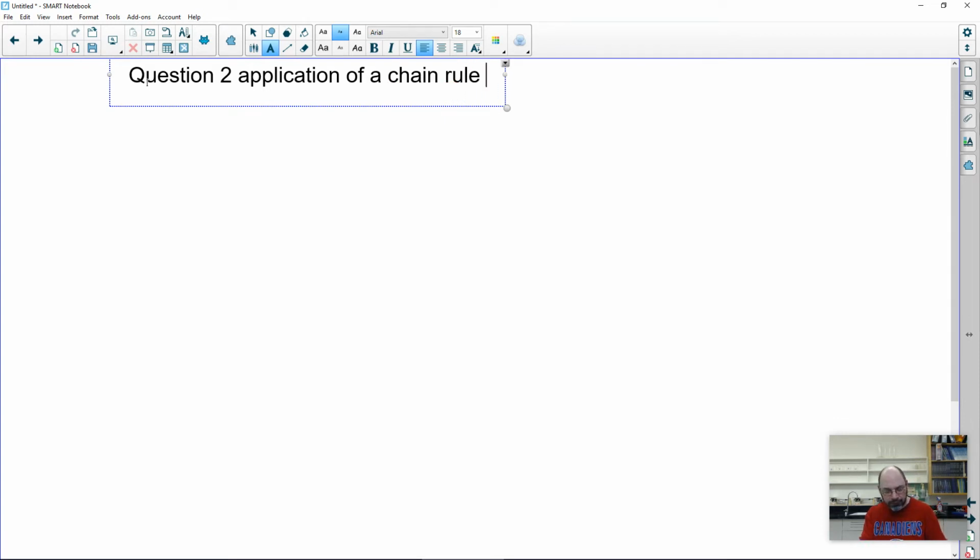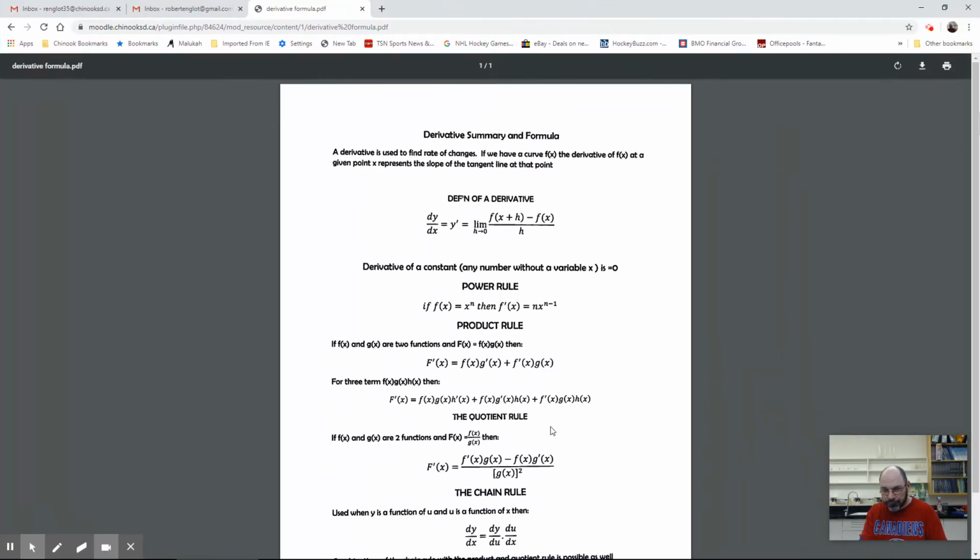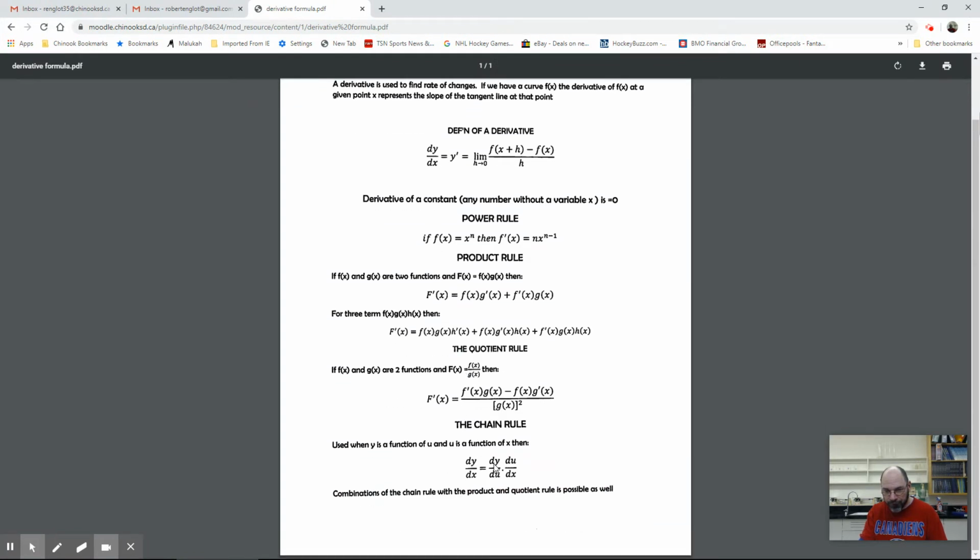And that's just worth 3. So you're going to be using the chain rule here, this idea right there.